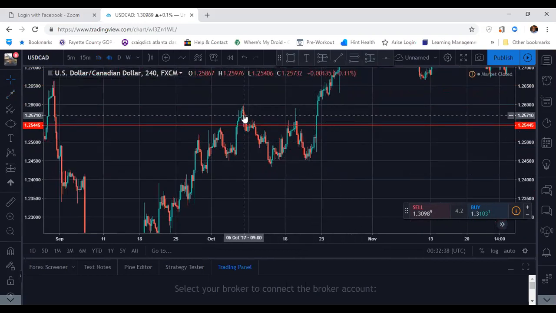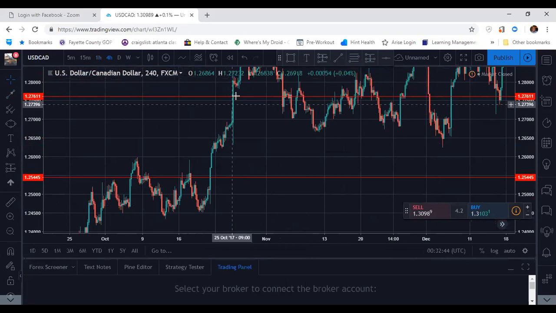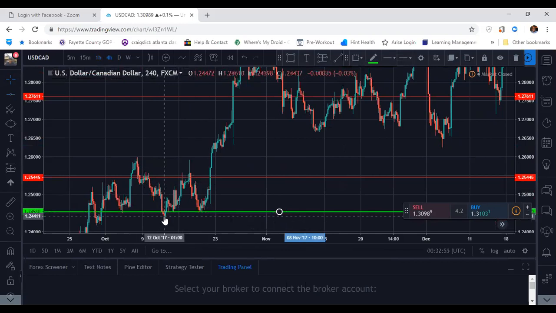Here's one, probably a W. Touch once, touch twice, and shot up. See? Shot up big all the way up here. So we put our line down here. It came down 1, 2, and shot up.